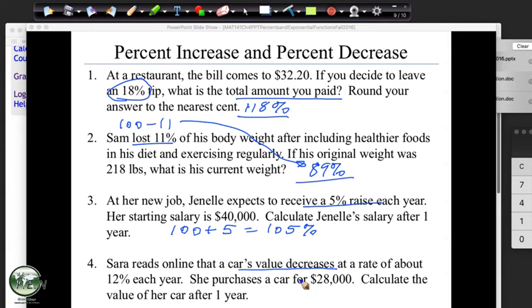Cars decreasing in value. Decrease means subtract, down. 12% each year, so again, 100% minus 12%, we're going to use 88% when we do our calculations. We're only getting 88% of our value back.